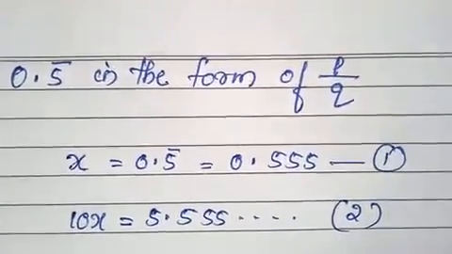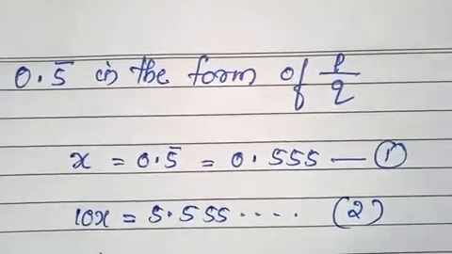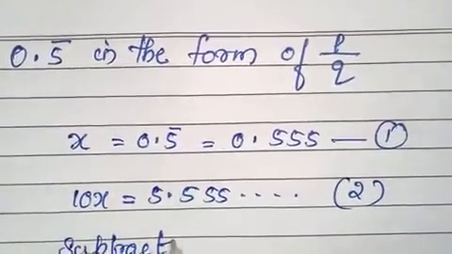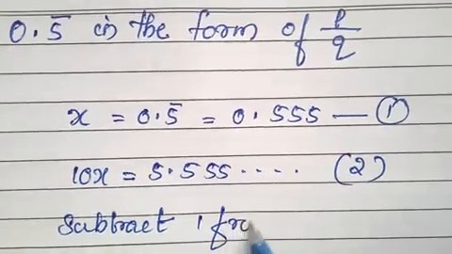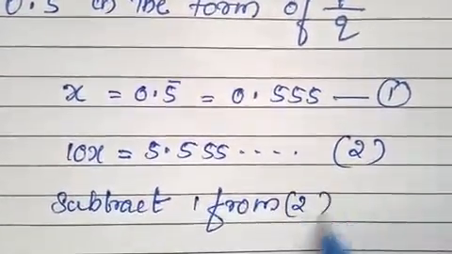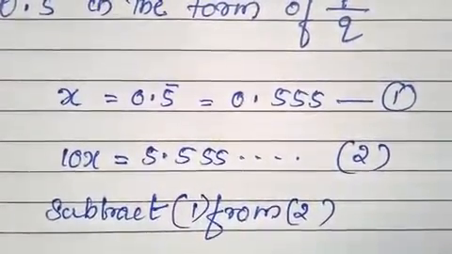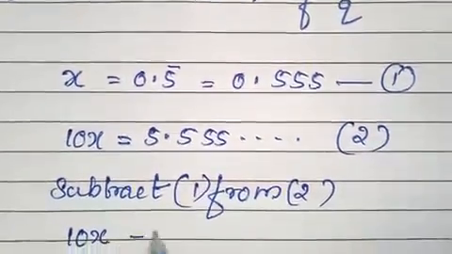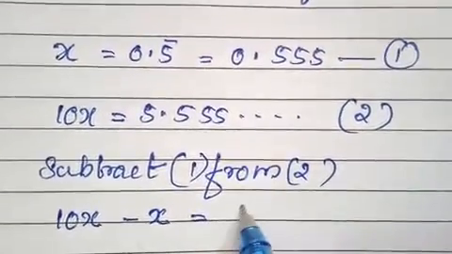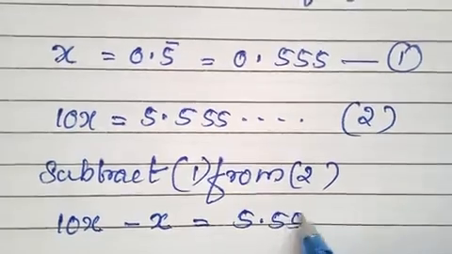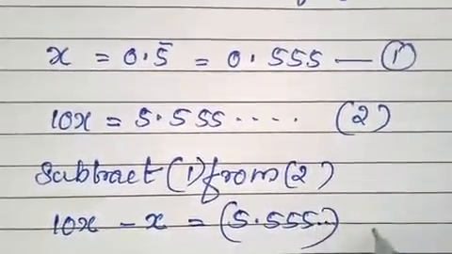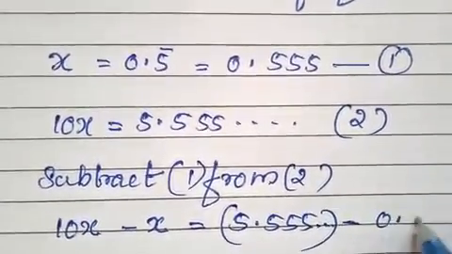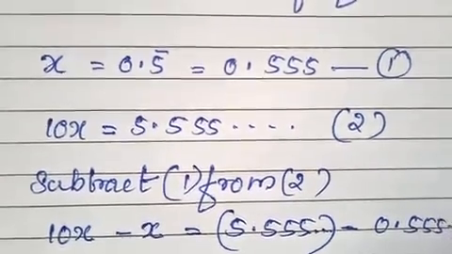Understood? Then the next step is subtract 1 from 2. Then we will get 10x minus x equals 5.555 minus 0.555.